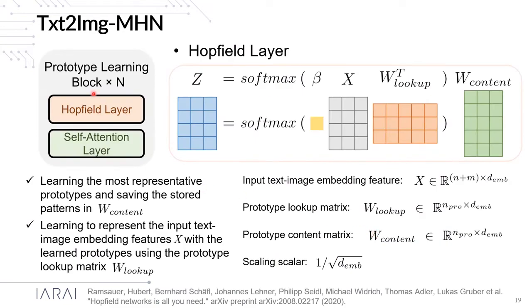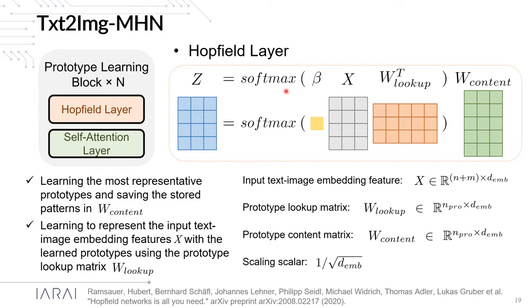Now let's see the proposed prototype learning block. As we mentioned before, each prototype learning block consists of one Hopfield layer and one self-attention layer. Both are inspired by the work "Hopfield Networks is All You Need". You can see from this figure what this Hopfield layer looks like.